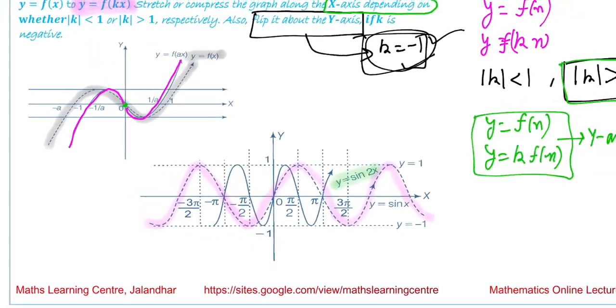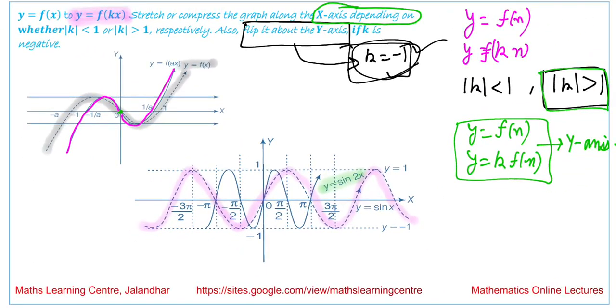When x is equal to 0, the value of y is equal to sin x, which is equal to y is equal to sin of 2x, and that will be equal to 0. So this point over here will remain fixed.